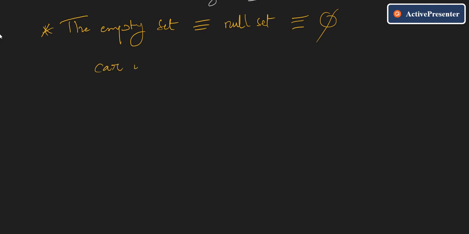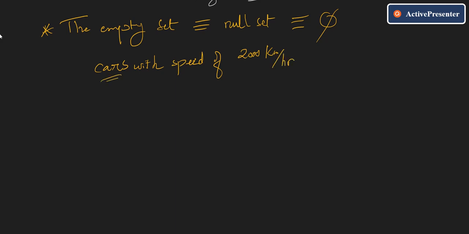Another thing to consider is the empty set, or you can call it the null set, or phi. If you ask, for example, give me the number of cars with a speed of, let's say, 2000 kilometers per hour.